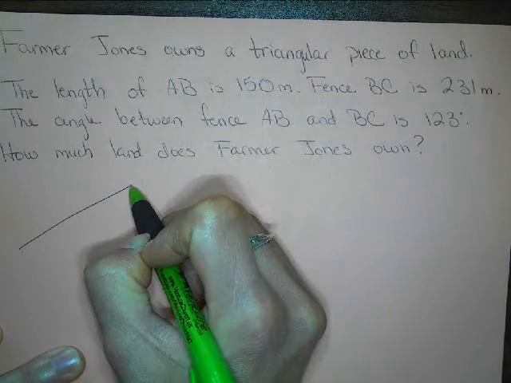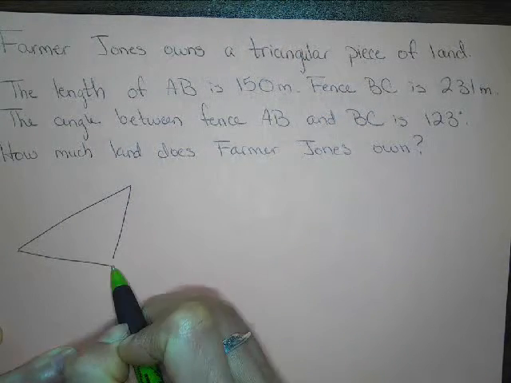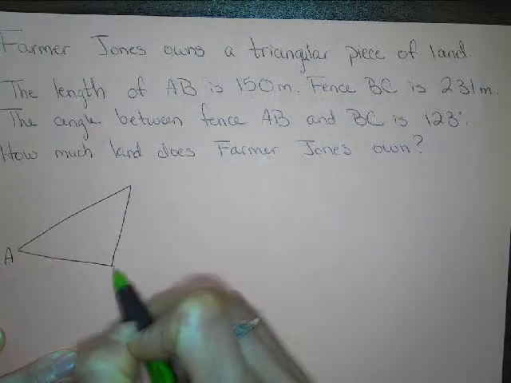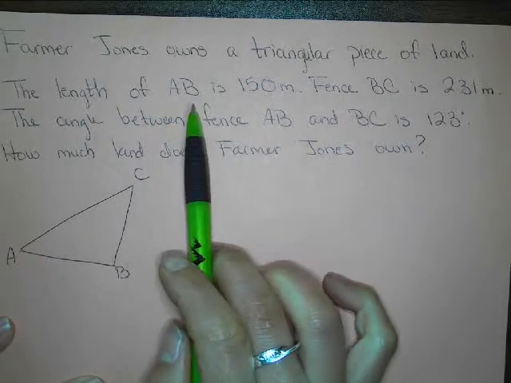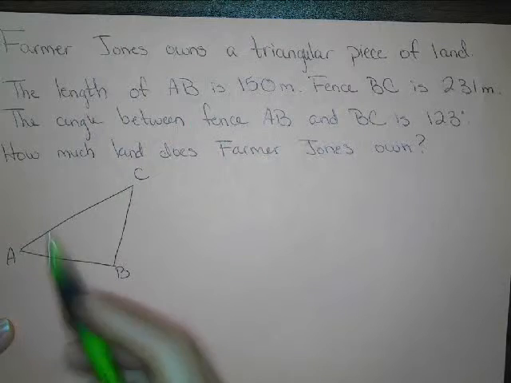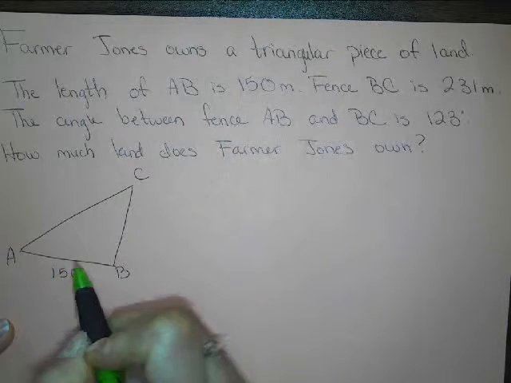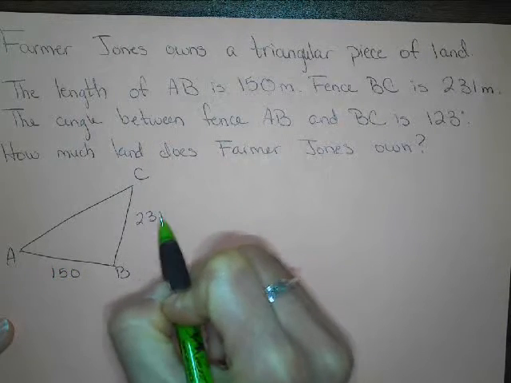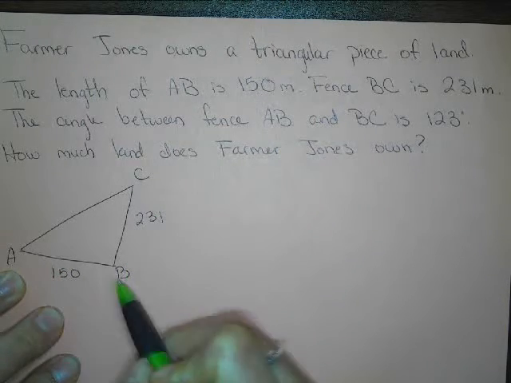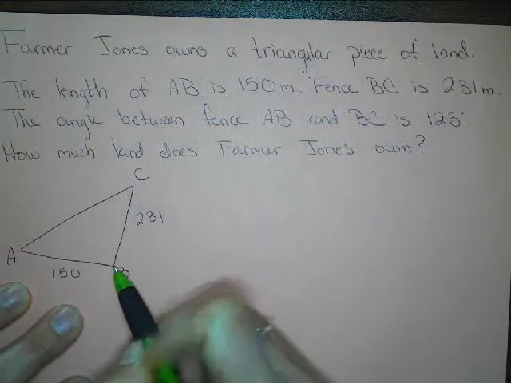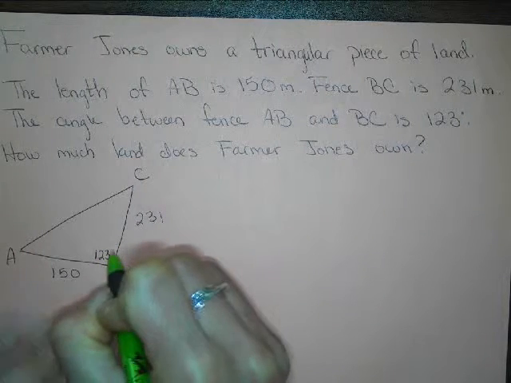So first I'm going to draw a triangle here. And I'll label A, B, and C. And then just fill in what I have. The length of AB, so that'd be A to B, is 150. BC is 231. And the angle between AB and BC, which would be angle B right here, is 123 degrees.